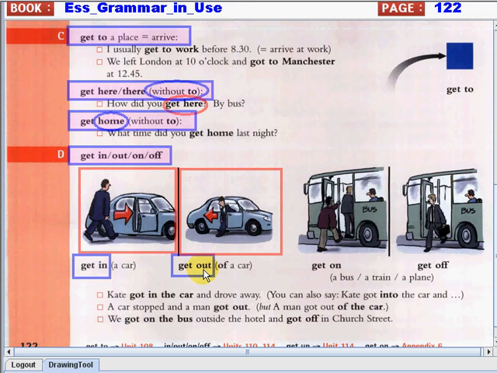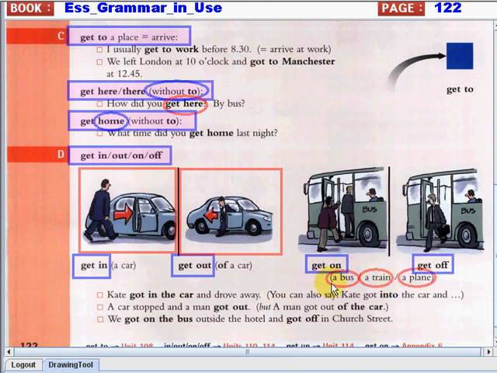Now, if you're talking about big public transportation, like the following: a bus, a train, or a plane, you will use these two prepositions plus the word get. You will now say get on and get off. You can say get on a bus, get on a train, and get on a plane.